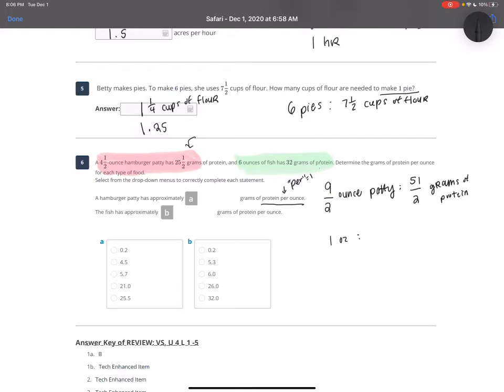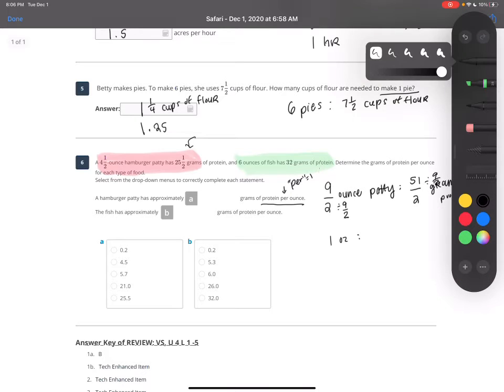If you picked up the ratio theme, you should know anytime you divide a number by itself, it will equal 1. So I want to divide by 9/2, and whatever you do on one side, you want to do to the other side. Let me write the 9/2 in a better spot so you can see.